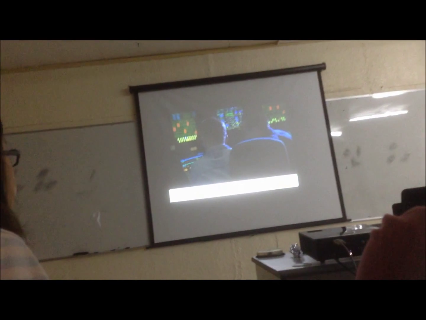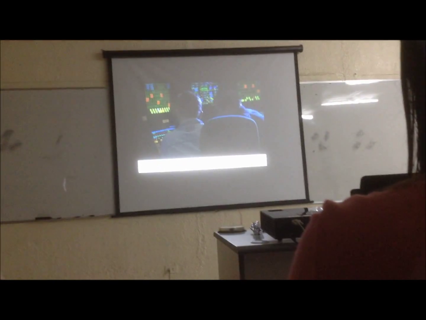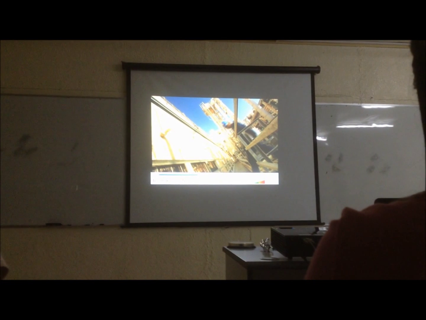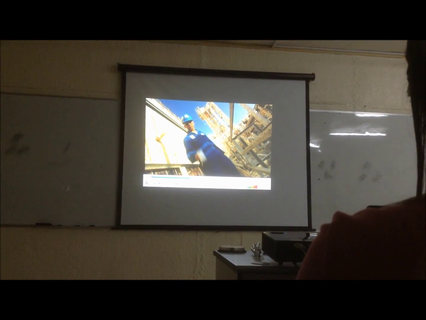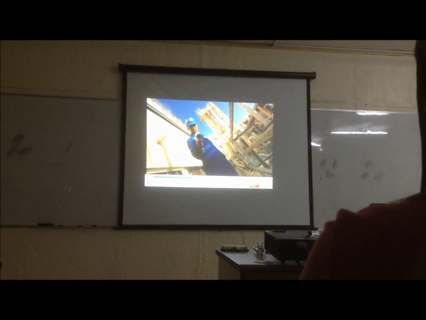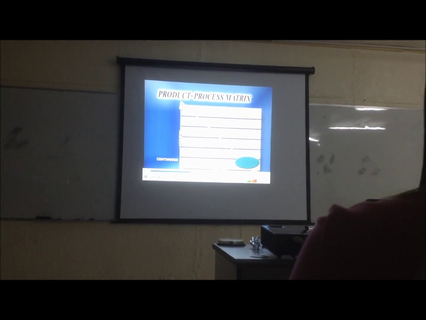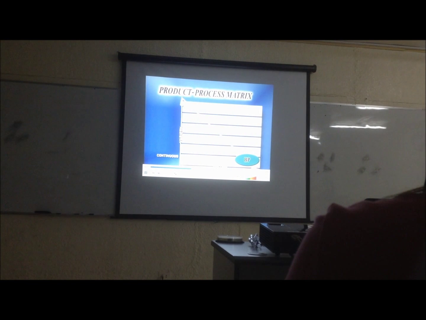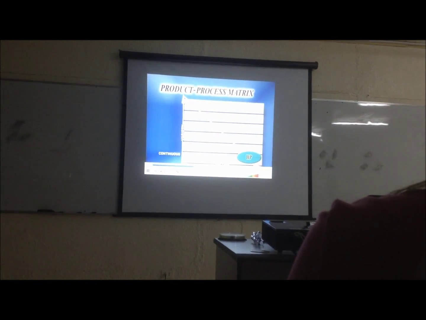Others monitor such elements as the water used in the refinery to ensure that it's safe to return to the environment. The workers at the plant represent a wide range of specialized skills without much overlap. For a global petroleum producer like BP, continuous production is the most effective process choice.